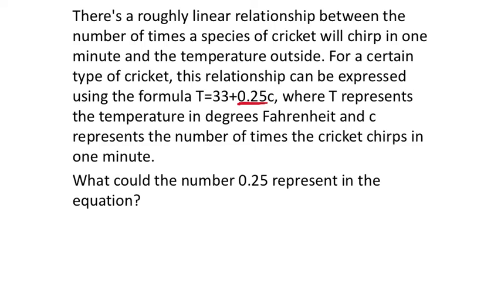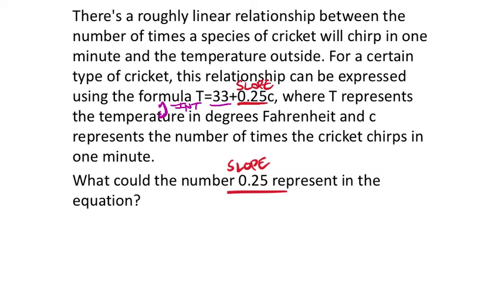Well, we know the 0.25 is the coefficient of C, so it is the slope. And yes, again, they gave us the y-intercept, but we don't really need it here because they're just asking about the coefficient, 0.25. So we know that's a slope, but that's not enough to just say it's a slope. We have to tell what it represents.